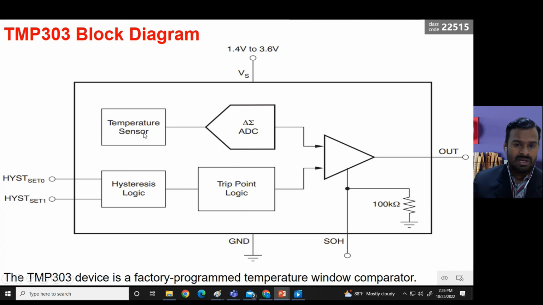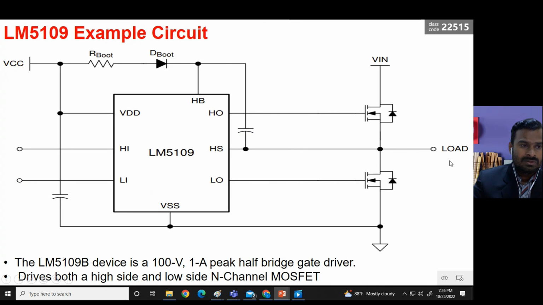And in the temperature block, we have a temperature sensor. Again, we have an ADC, and the hysteresis values are given here, and we will get the output at the temperature block. So this is the gate driver IC which we are using. This gate driver IC is shown here for one phase.